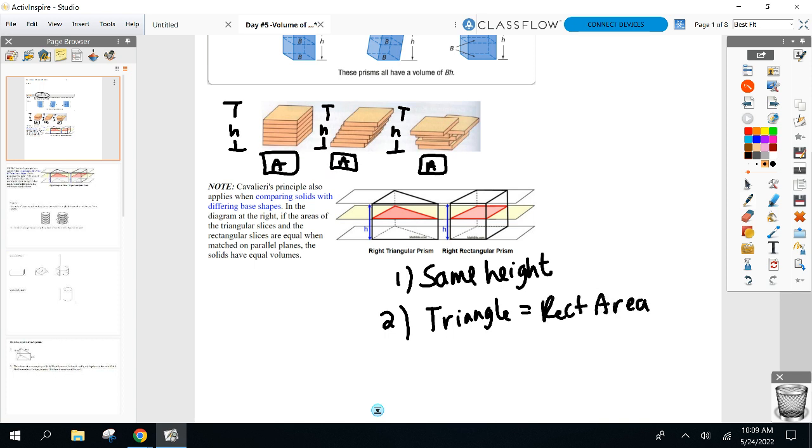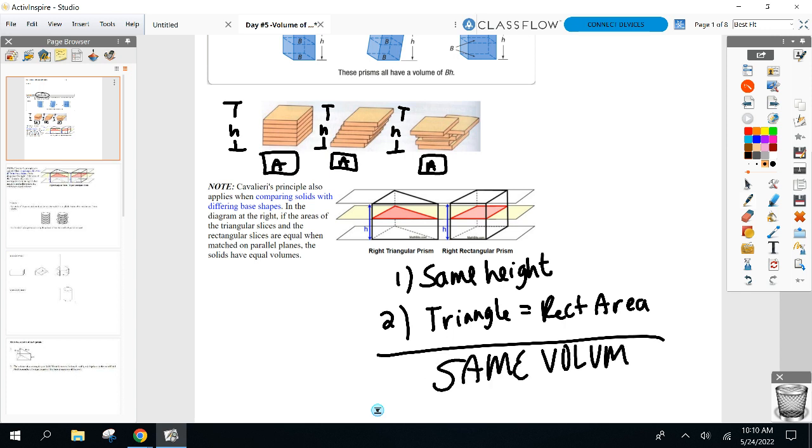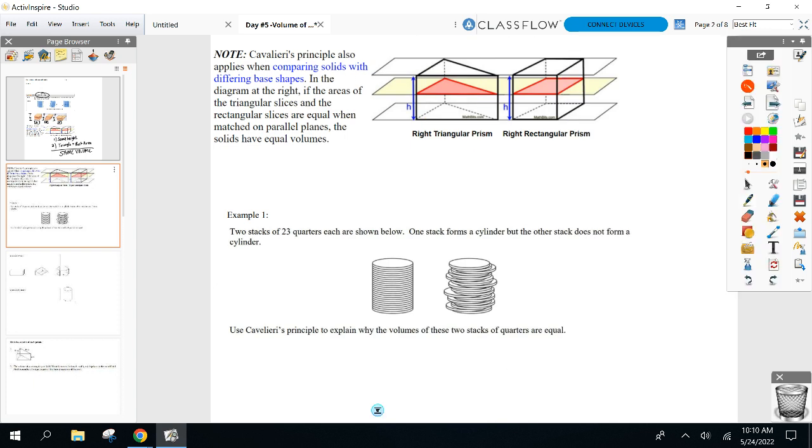Those 2 together give you same volume in Cavalieri's principle. Same height, same cross section area, same volume. So that's Cavalieri's principle. Two figures will have the same volume if their heights are the same and their cross sections have the same area. Here's where it came up on a Regents a couple years ago.